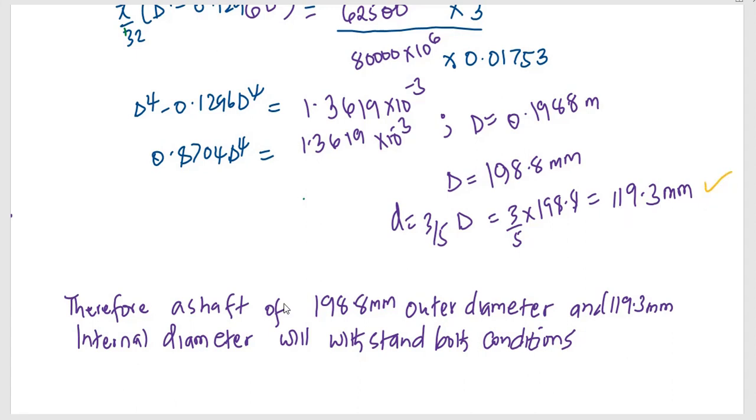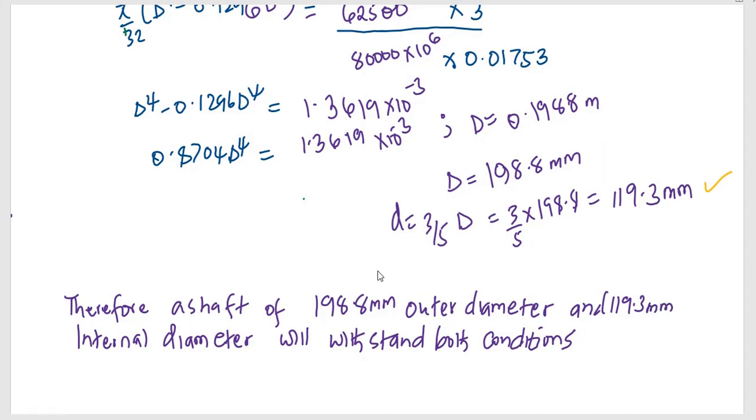So when we compare the two values for the internal and external diameters, we realize that this consideration gives us a bigger diameter, which is 198.8, greater than what we obtained above. And the internal diameter is 119.3 millimeters, which is greater than the one obtained above.